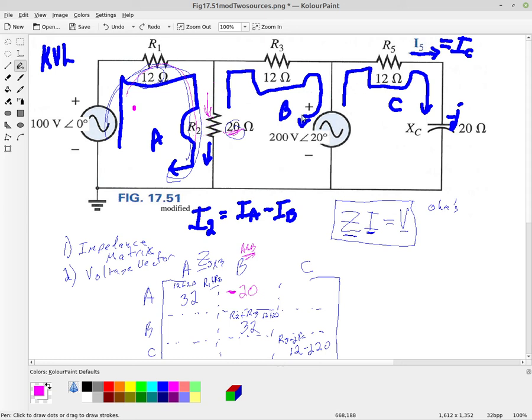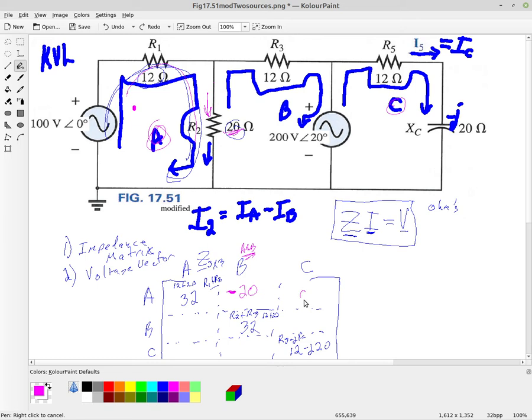Now, if we look between IB and IC, they share a voltage supply, but they don't share an impedance. There's no resistors or capacitors or inductors in here. There's just the voltage supply. All right, so excuse me, A and C, they don't even touch. A and C do not even touch.